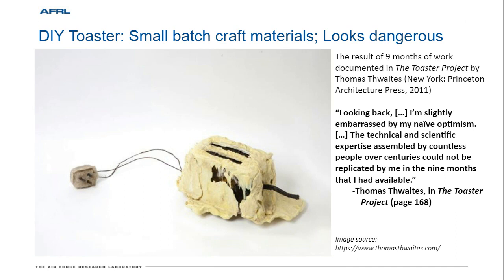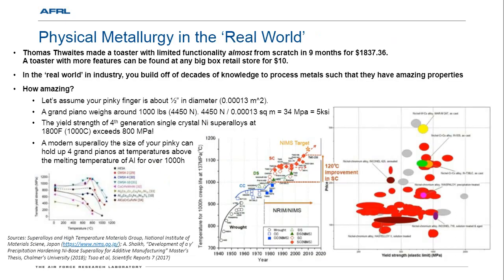After all, the technology that he was trying to replicate had existed for over 100 years, but those materials, that knowledge, the scientists had stood on the shoulders of giants and brought these materials from what were specialty materials down to commodities that could be produced such that you could have a $10 toaster.